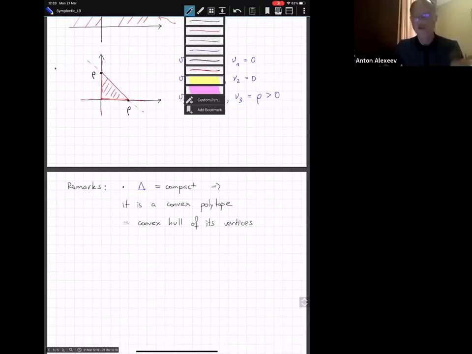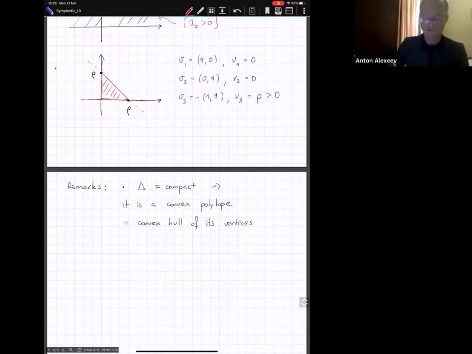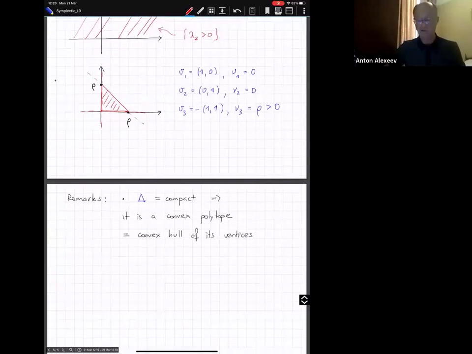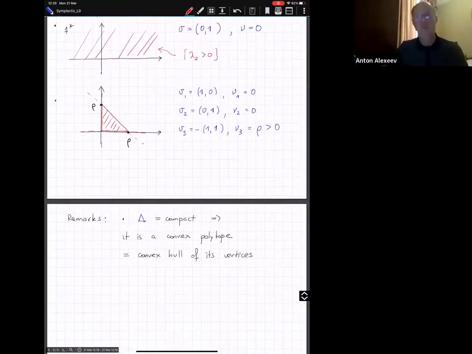Maybe instead of proving it in general, just let me explain in the example. So you see in the example 2, this is a convex polytope, right? This triangle. So these are the vertices. Let me call them alpha 1, alpha 2, alpha 3.